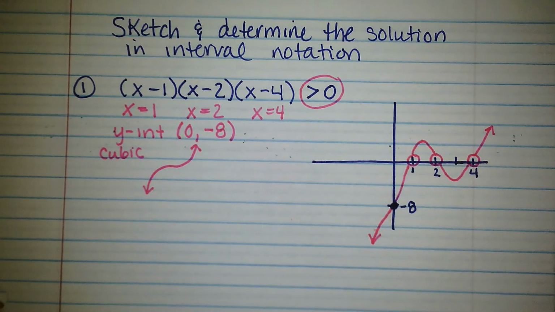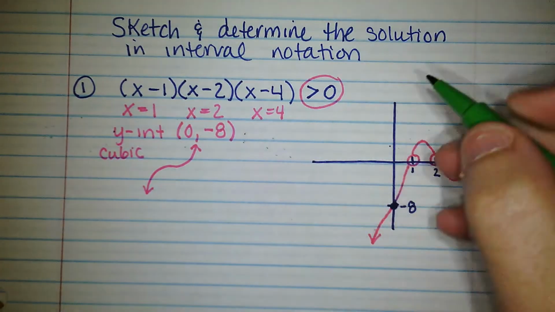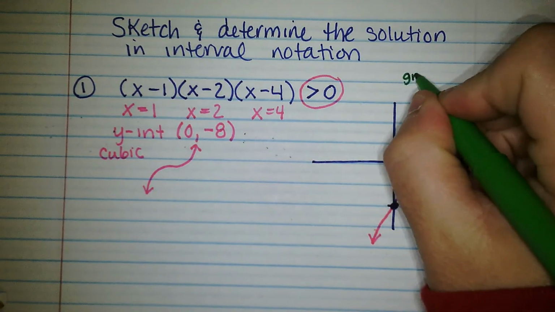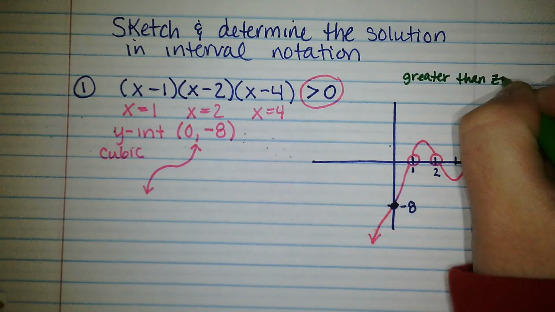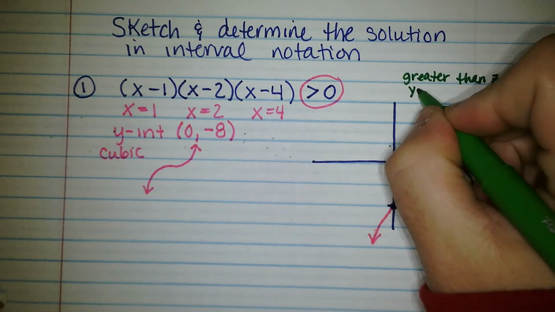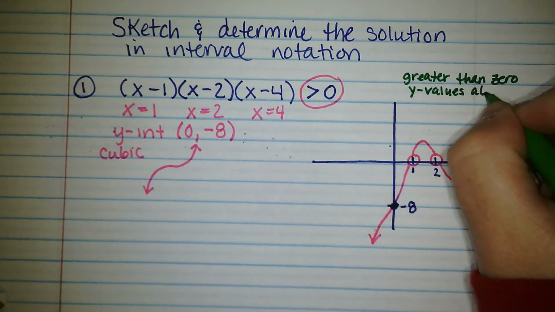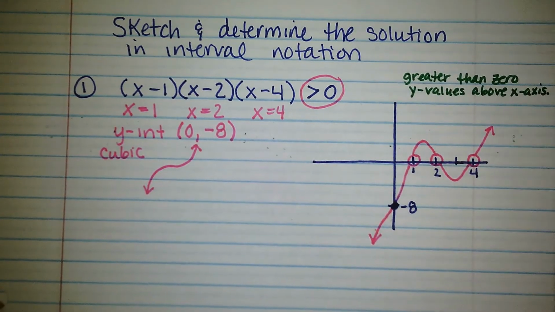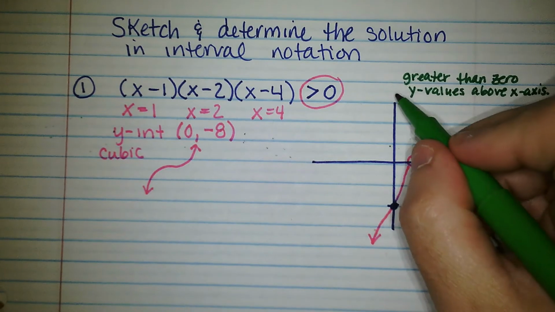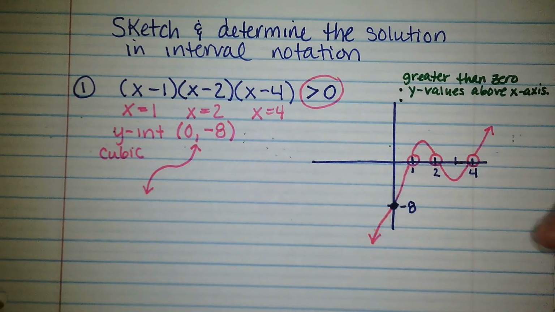The next part is we have to look at our solution. And this is a greater than 0. So greater than 0 means that we need to look for y values above the x-axis. And where that is, we're going to shade the x values that correspond to that.